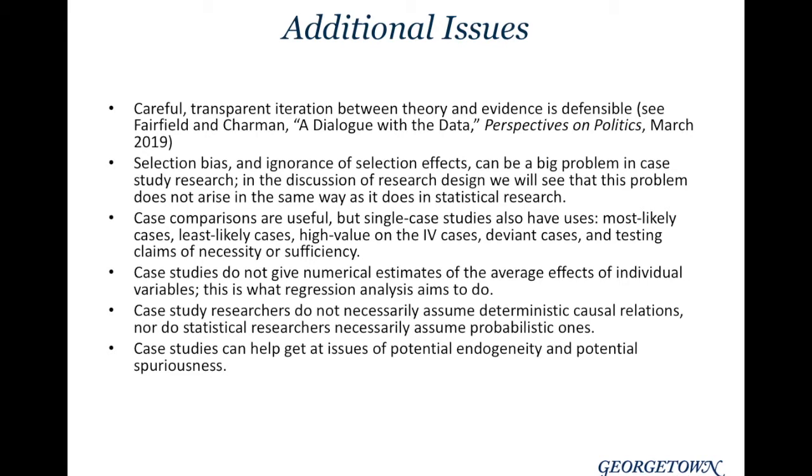Some critics act as if it's not allowed to move back and forth between your theories and your empirical observations and to change and adapt your theories in response to the evidence that you're encountering.